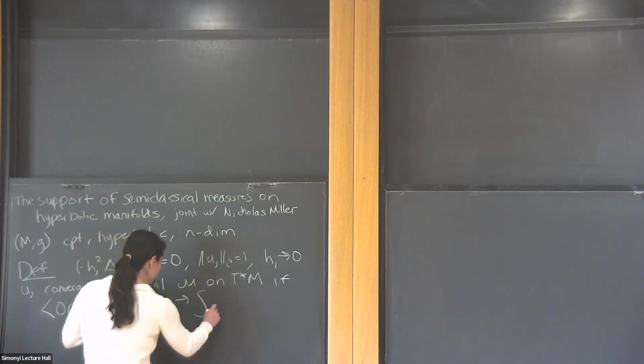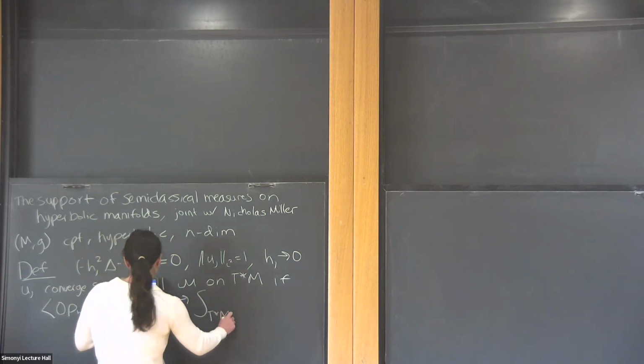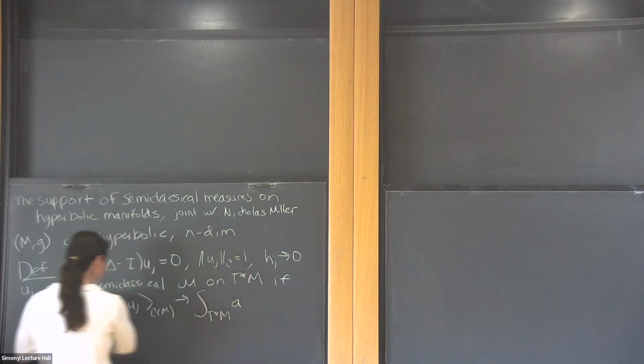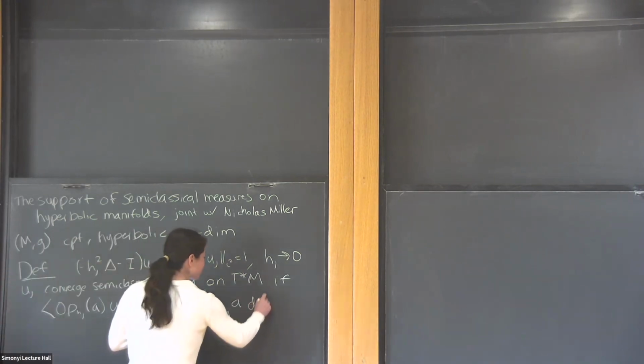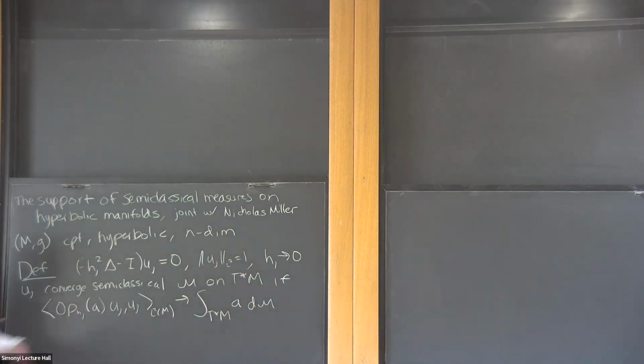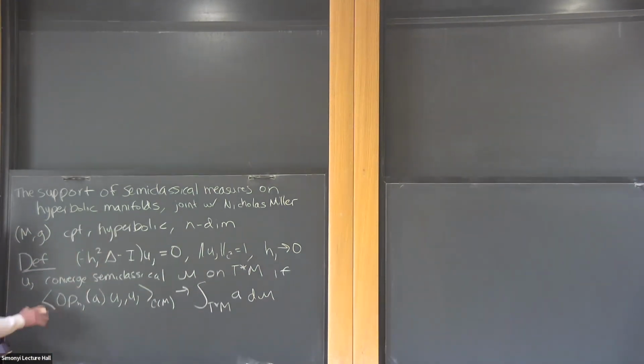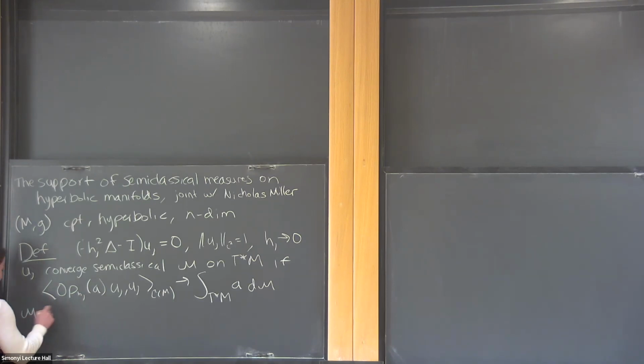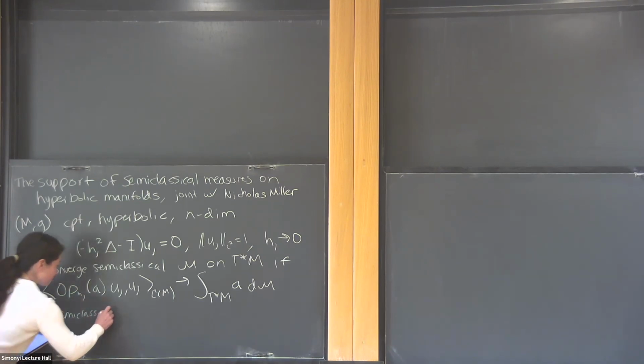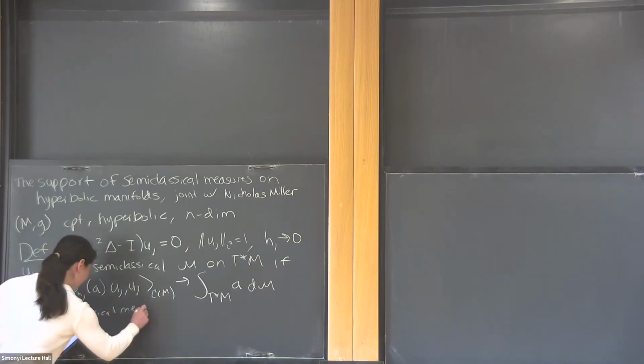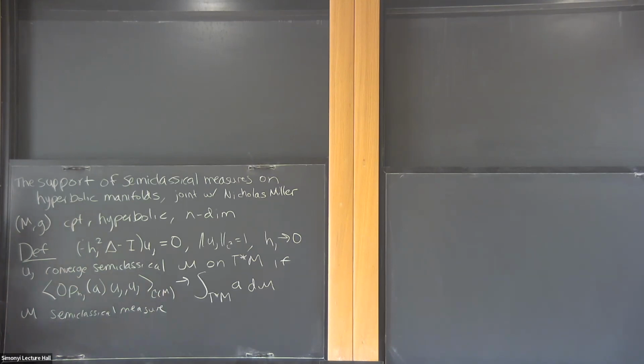And we want this to converge to the integral over the cotangent bundle of our function A with respect to our measure mu. If this limit holds, then we call mu a semi-classical measure. So just intuitively speaking, you can think of semi-classical measures as characterizing the mass of the eigenfunctions of the Laplacian in the semi-classical limit.